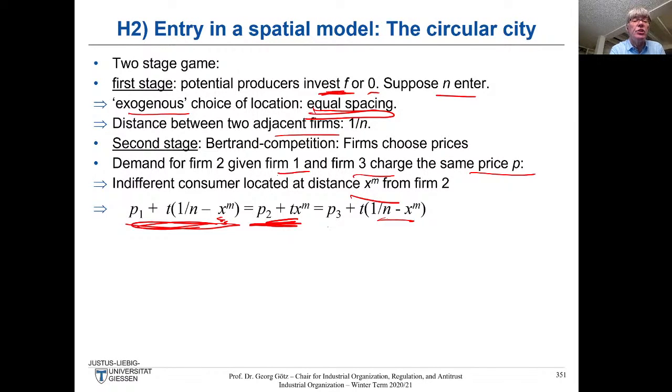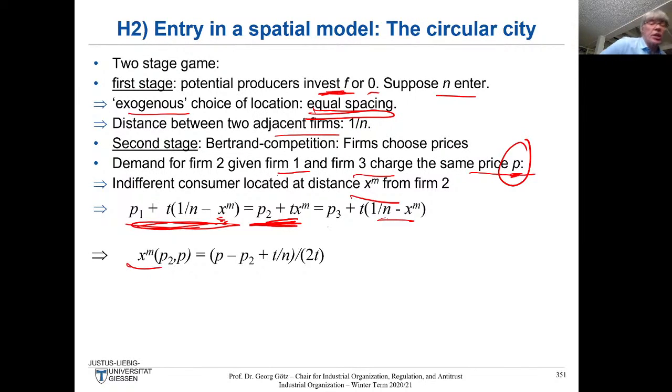I only need to look at one of the two, and of course I will now substitute the P1 and the P3 by the P up here. Okay, and if I have this, it's straightforward to derive this xm, and therefore the share of firm 2. Actually, it gets 2 of these shares, but again, you see it's pretty much the same as what we previously had.